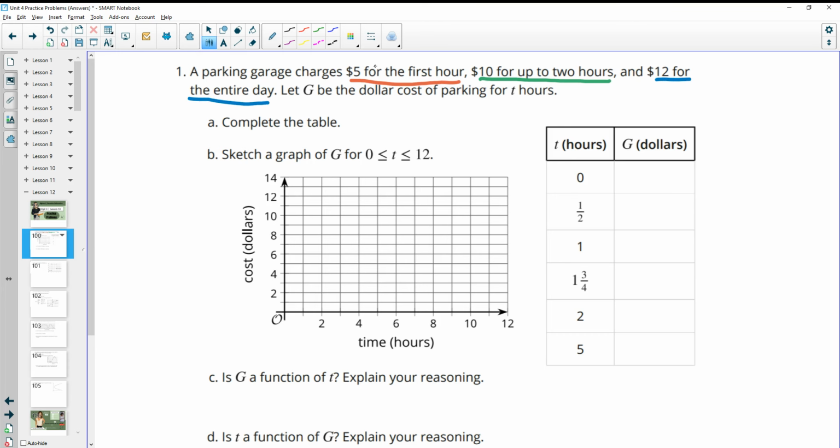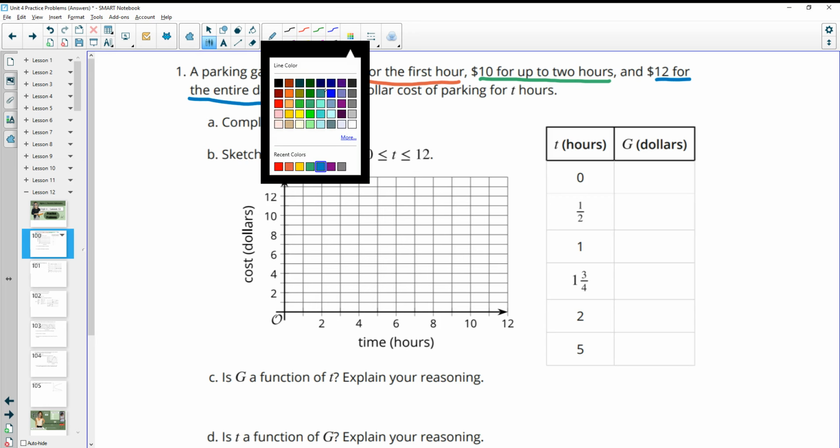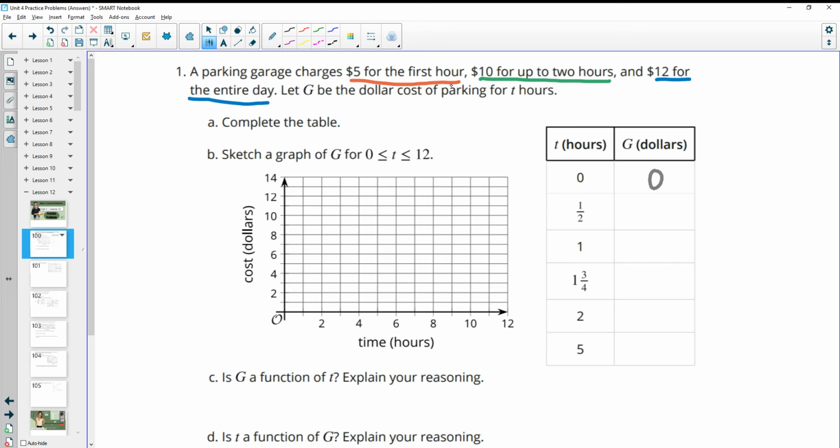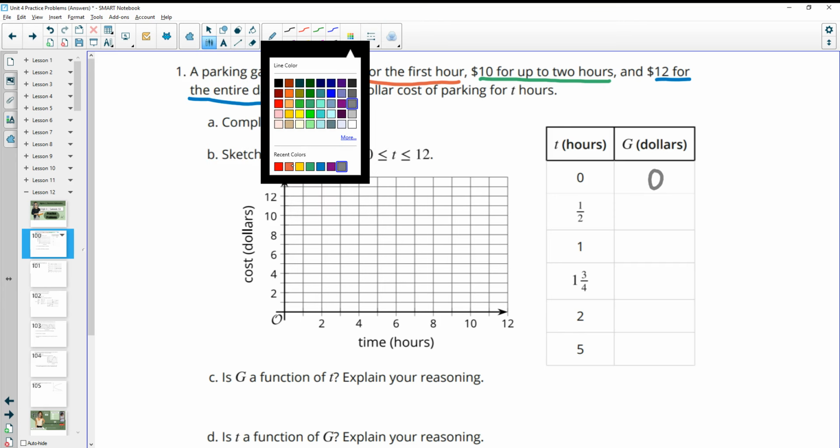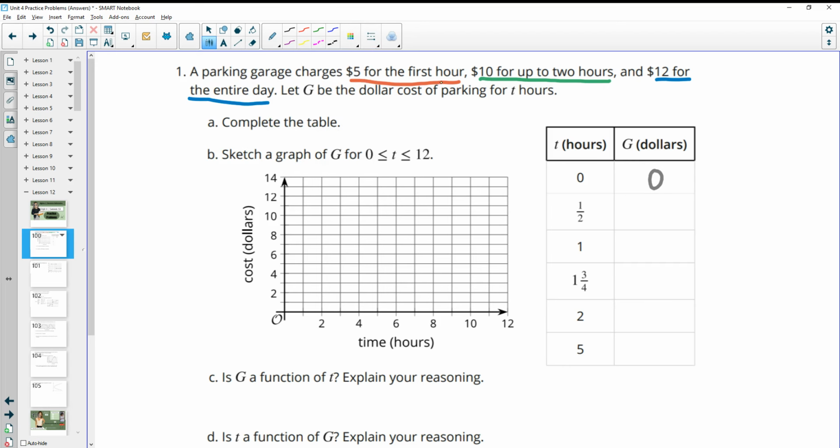hours. So if we're there for 0 hours, then it's going to cost us $0. We didn't park there. If we're there for half of an hour, that's going to cost us $5 because that's within the first hour. 1 hour will also cost us $5.